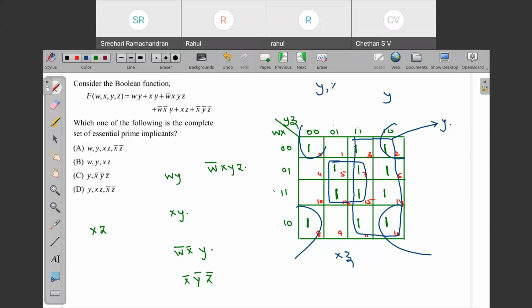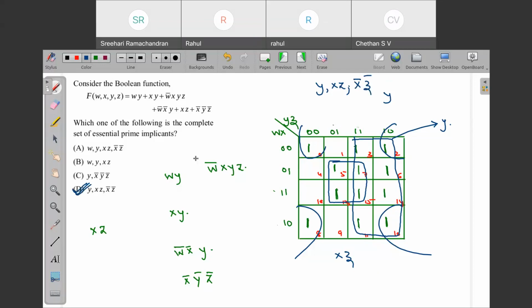For this 4-corner group of 4, W is not common, X complement is common, and out of Y and Z, Z complement is common. So which option do we see? Option D. Option D is correct.